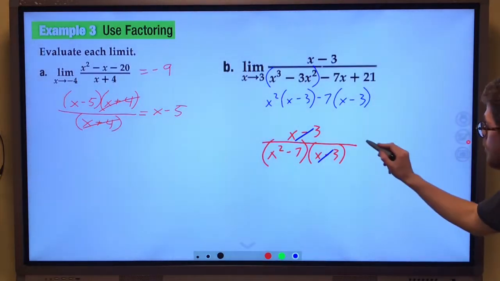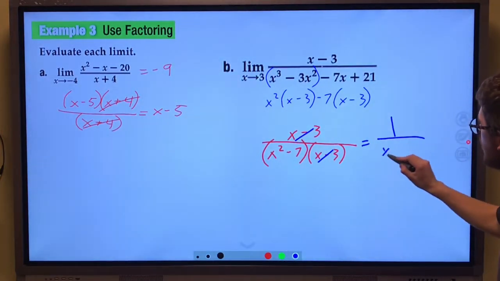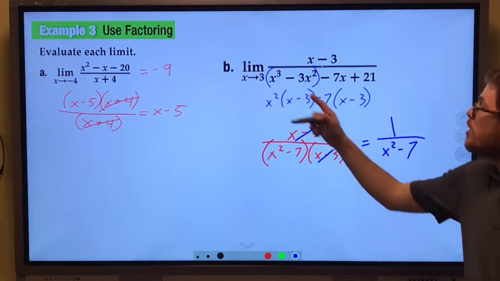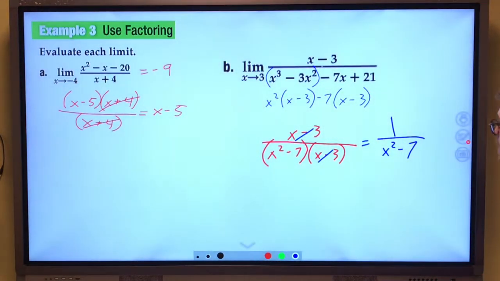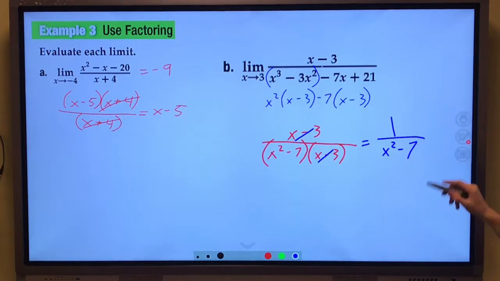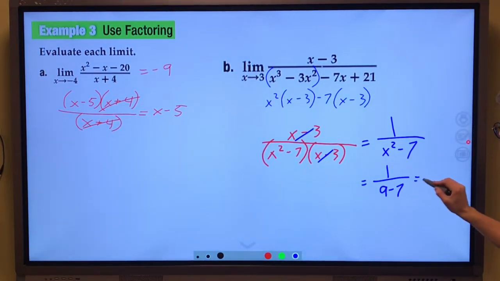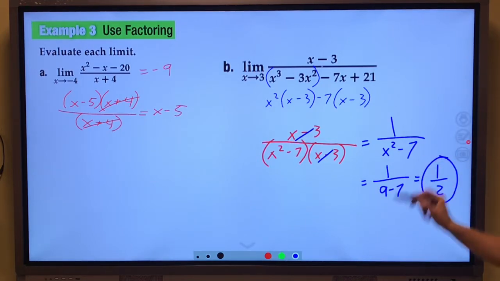Our x minus 3's are gone, and we're left with 1 over x squared minus 7. Now, if we plug in the 3, we can determine the limit. 1 over x squared minus 7 would be 1 over 9 minus 7, which is a half.